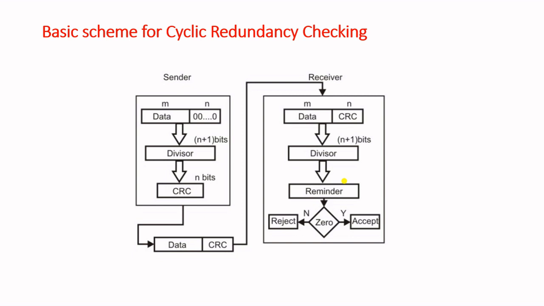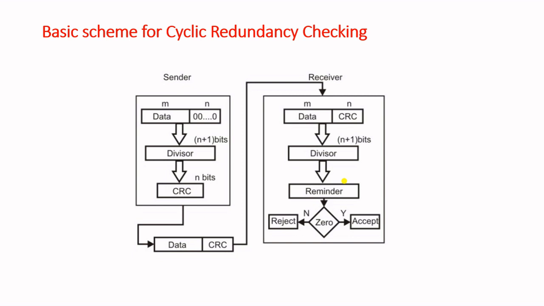There are no ones in the redundant bits, so some 0 bits are added. It depends on the generating function. We will see in the examples. So m bits for the data and n bits for the redundant bits, and after that this data is transferred.